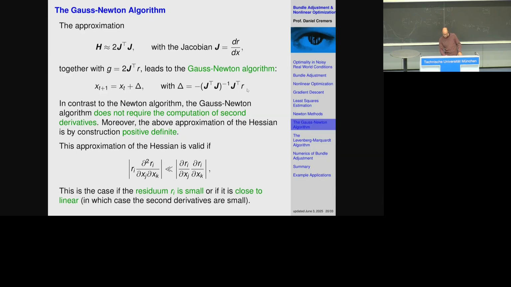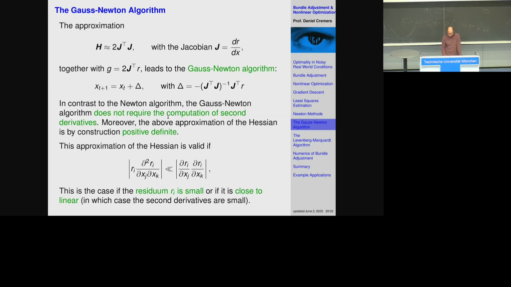All it takes is the residual and the first order derivative of it. And that gives you the Gauss-Newton method. And the nice thing about the Gauss-Newton method is it has a convergence behavior much like a second order method, even though it only requires first order derivatives, because it is based on an approximation of the second order derivative matrix.